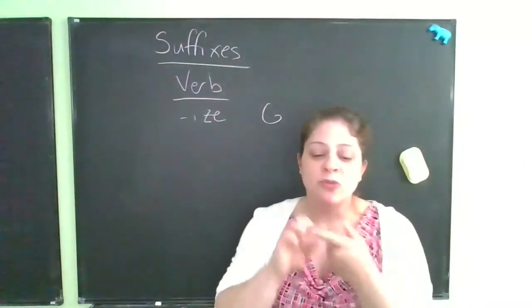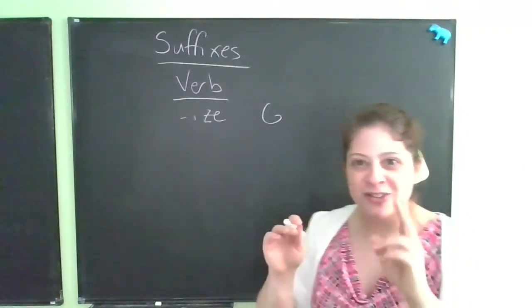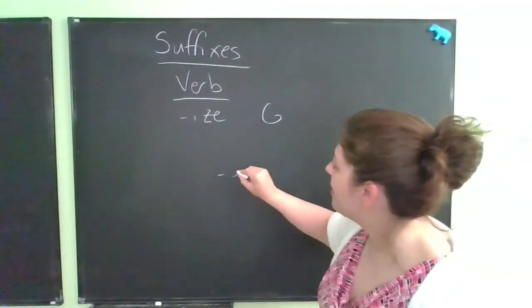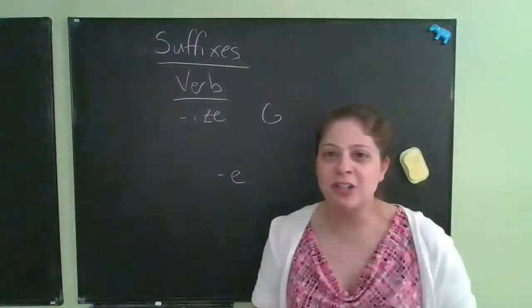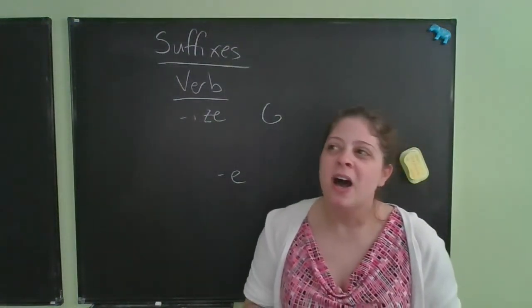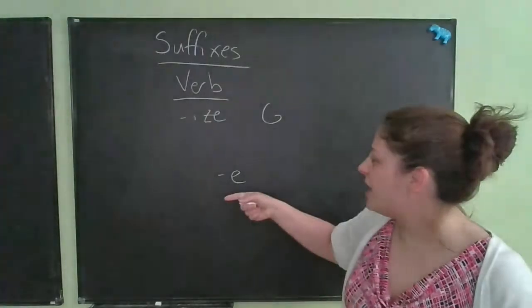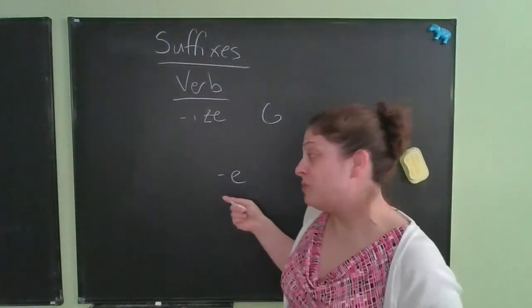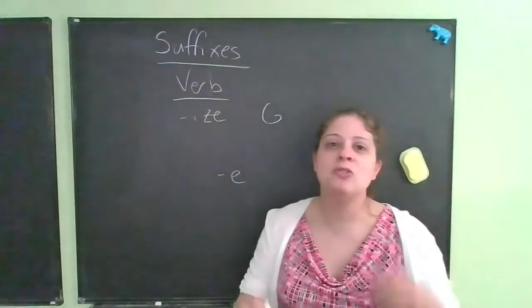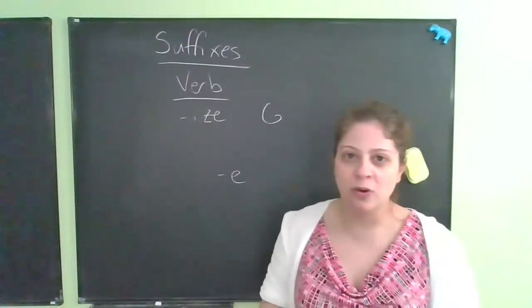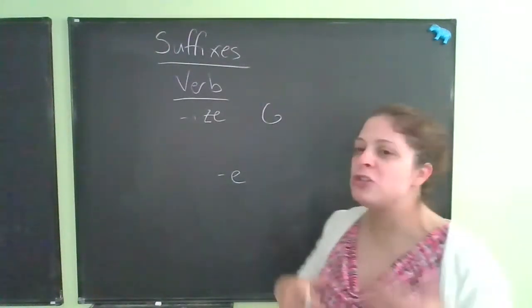I do want to, before we end this video, talk about one other suffix, and that is just the letter E. This isn't necessarily a classical suffix exactly. Instead, what we find is that E is frequently attached to a root to form a complete word, right? So it is a suffix. It has no meaning.